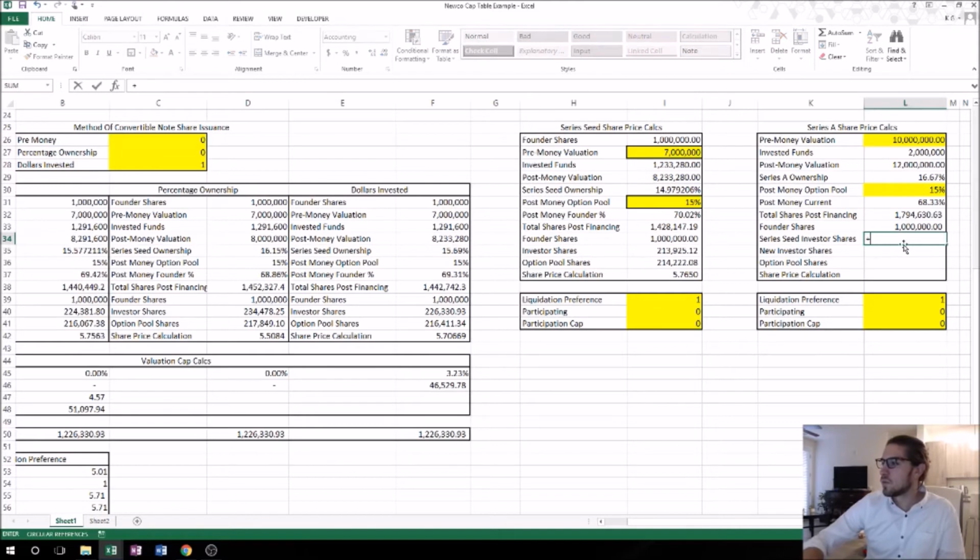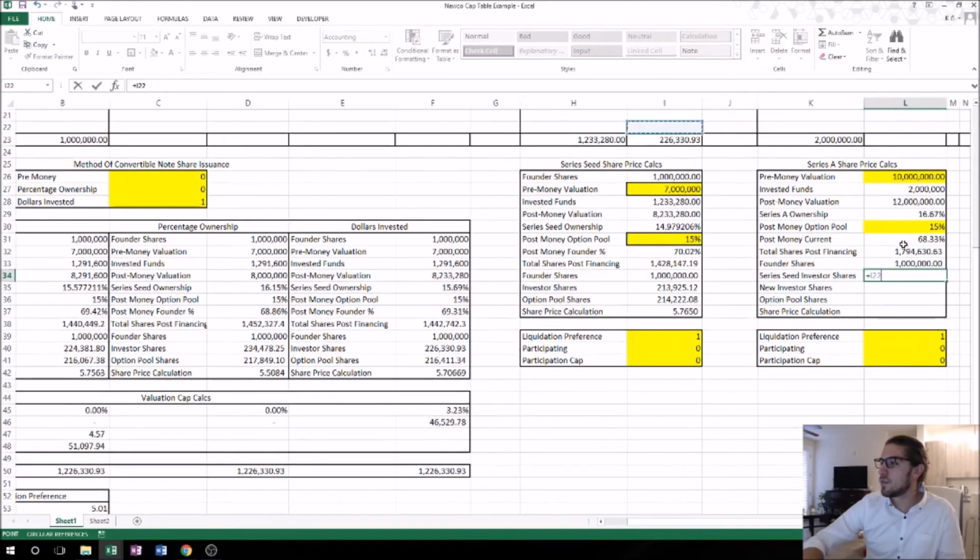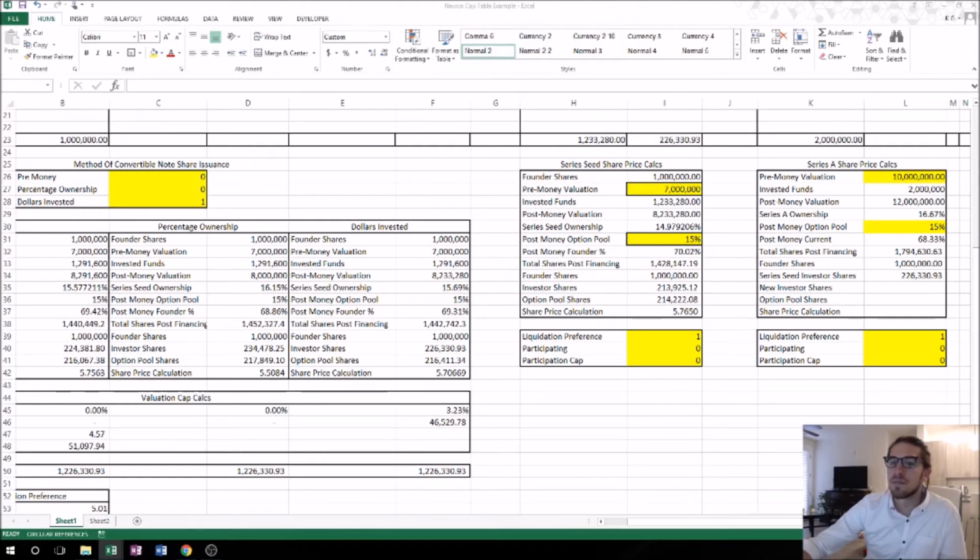We're going to go up here, and these are mostly check calculations. So it's this 226 number up here. Then we have new investor shares. New investor shares is how much did they buy, which is 16.67% times how many shares post-financing.